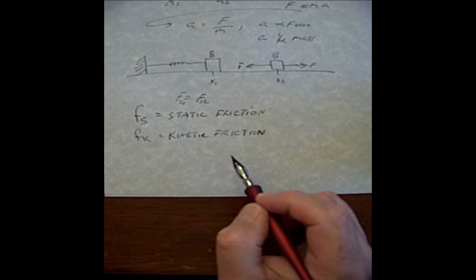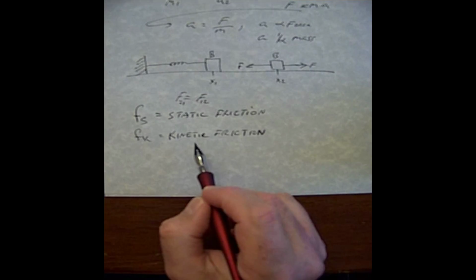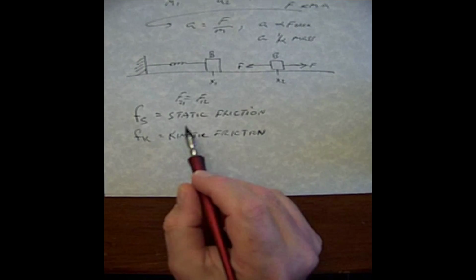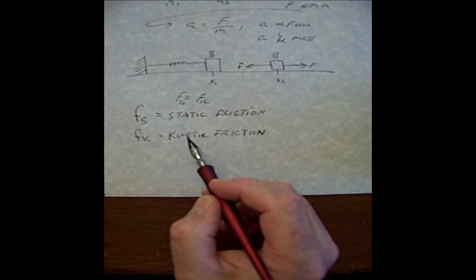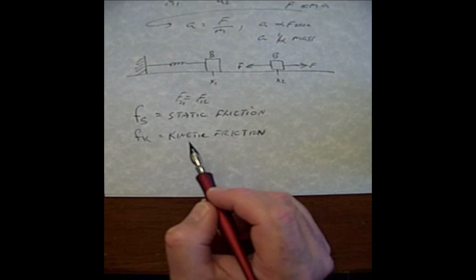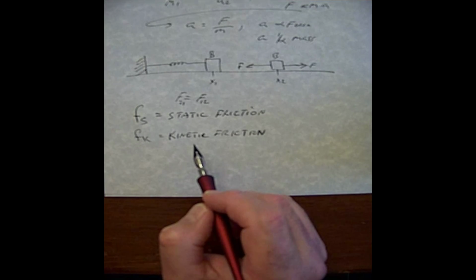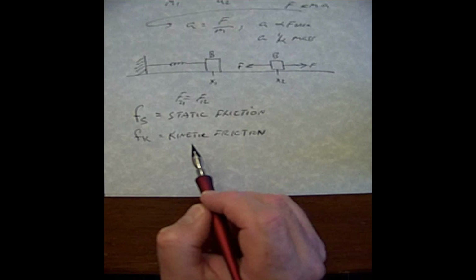And just like there's 3 laws of motion, there are 3 laws of friction. The first law of friction is that the frictional force is proportional to the normal force. The second law is that frictional force is independent of the area of contact between the body and the surface that it's moving on.